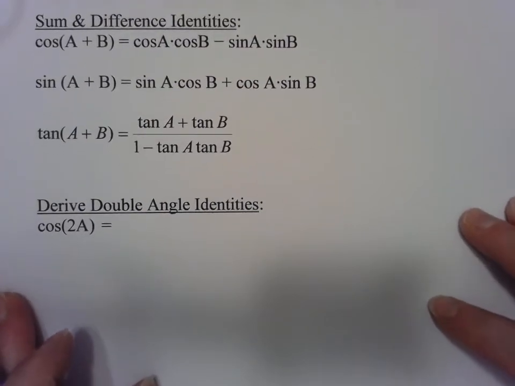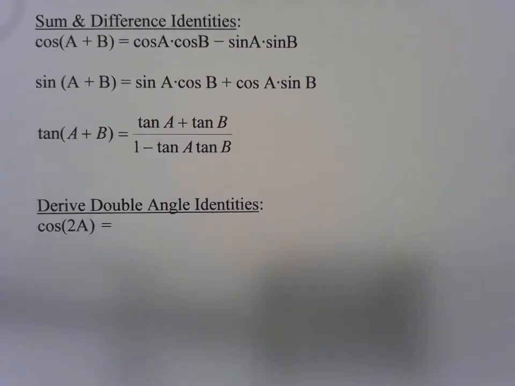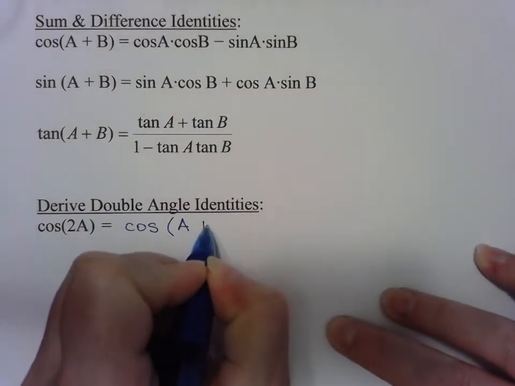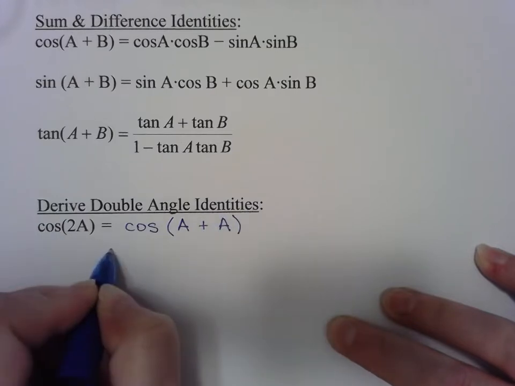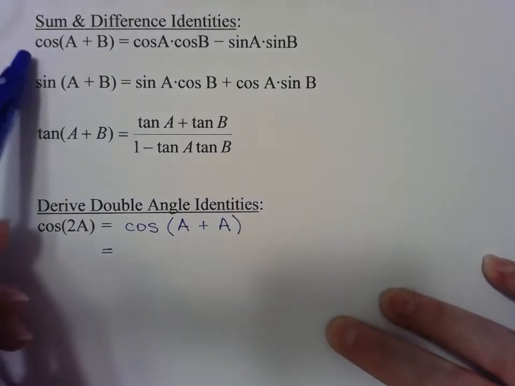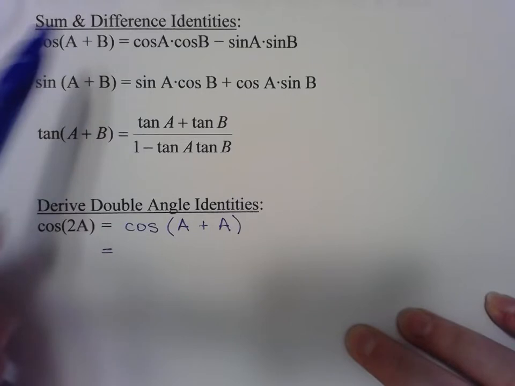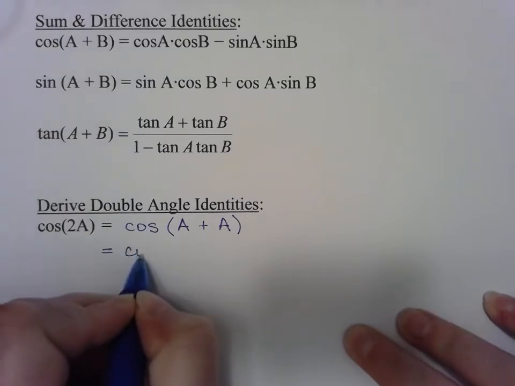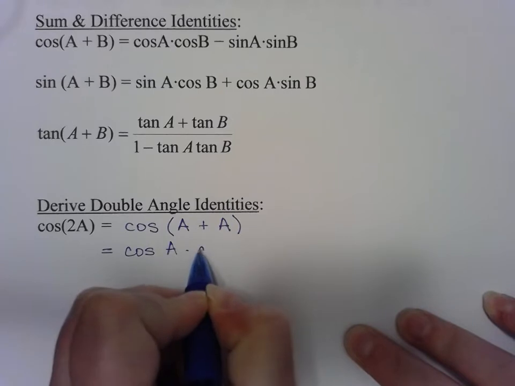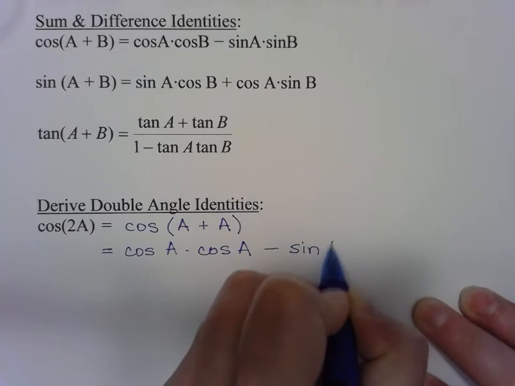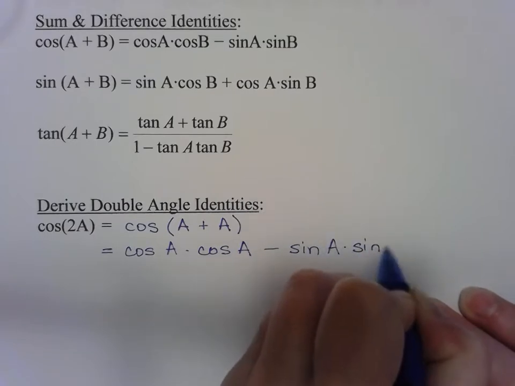So let's start with the cosine of the double angle, or 2A. We can think of that as just the cosine of angle A plus another angle A. And then we can use this sum formula, where the A and the B are both now just A. So that's going to give us the cosine of A times the cosine of A again, minus the sine of A times the sine of A again.